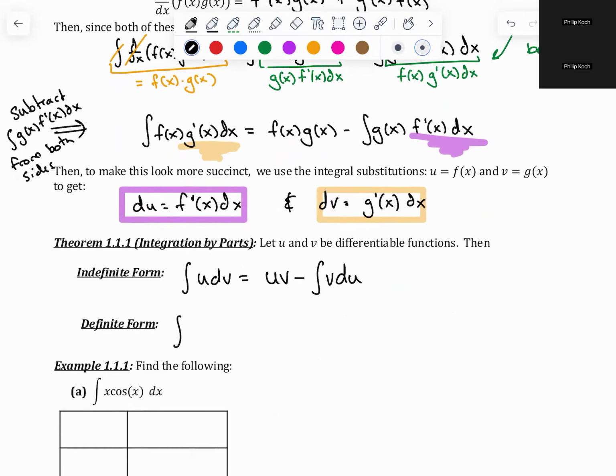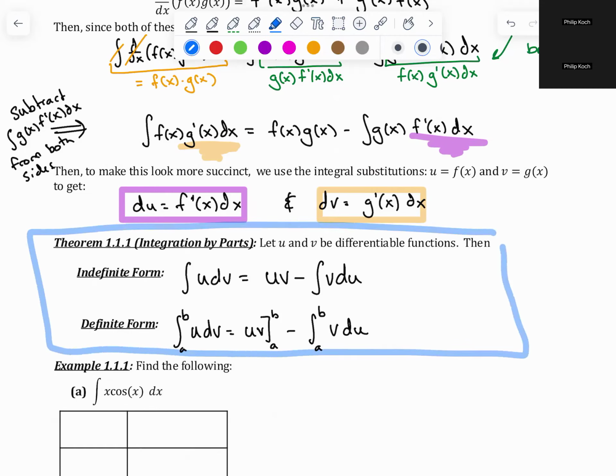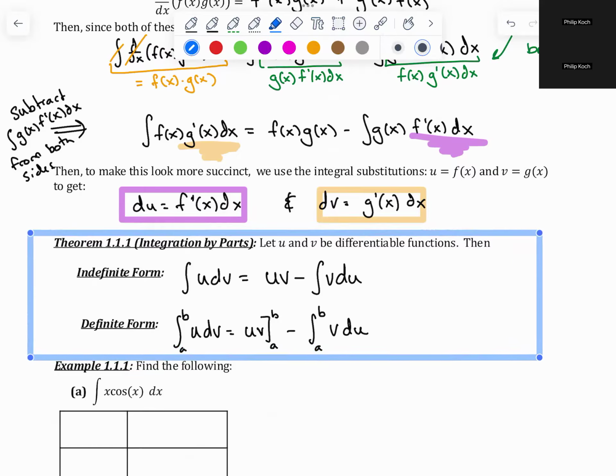It's that the integral from a to b of u dv is equal to uv evaluated from a to b minus the integral from a to b of v du. That is integration by parts. That is the formula.